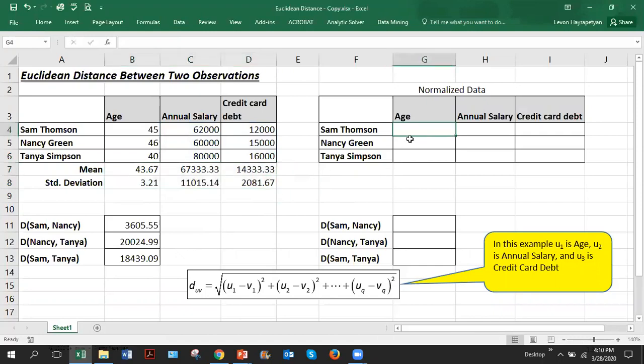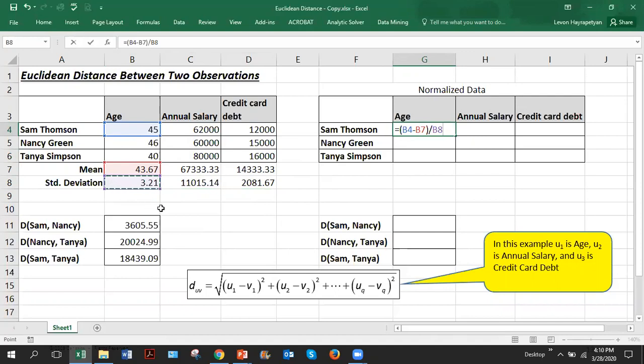Now I will normalize my variables using that formula. I will start here, I am normalizing 45. It will be, wherever I have my 45, minus the mean, divided by standard deviation.